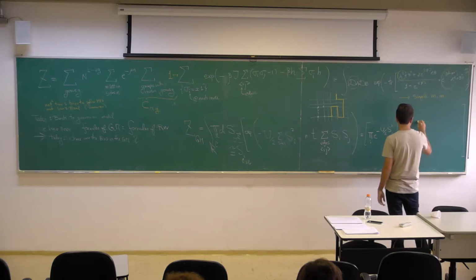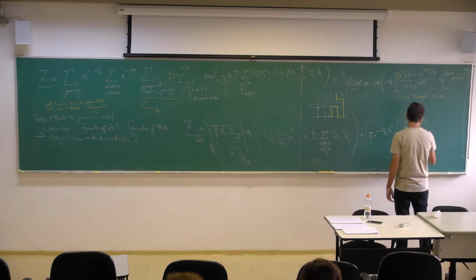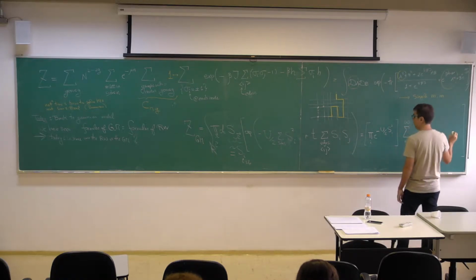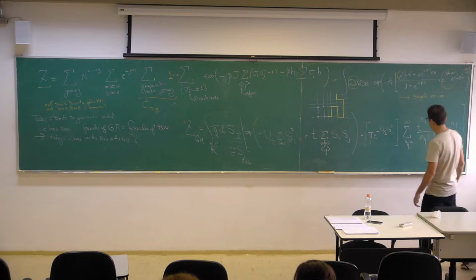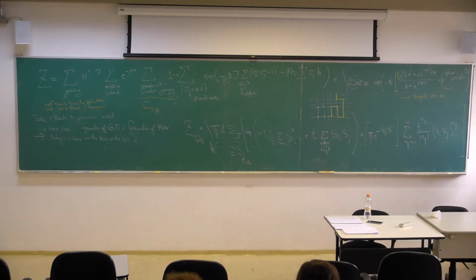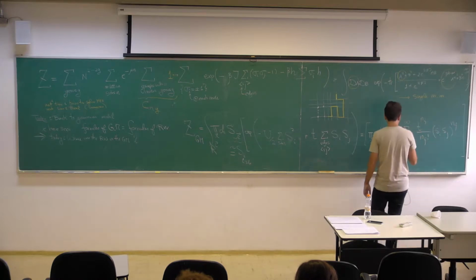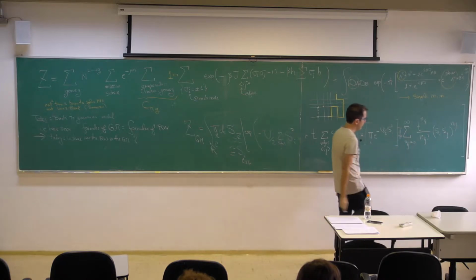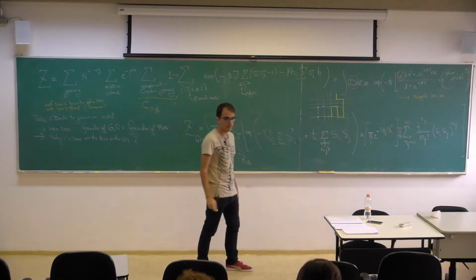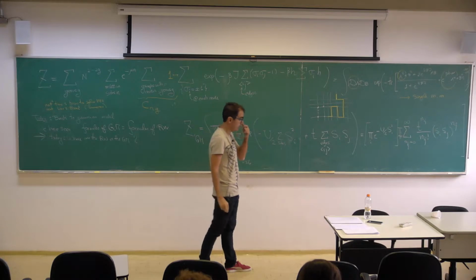I'm expanding an exponential, so t to the nij over nij factorial, times si sj to the power nij. Right? So that's what the exponential is. For each edge, I should do this. So there's also here, I forgot, a product over all edges. For each edge, I expand down like this.